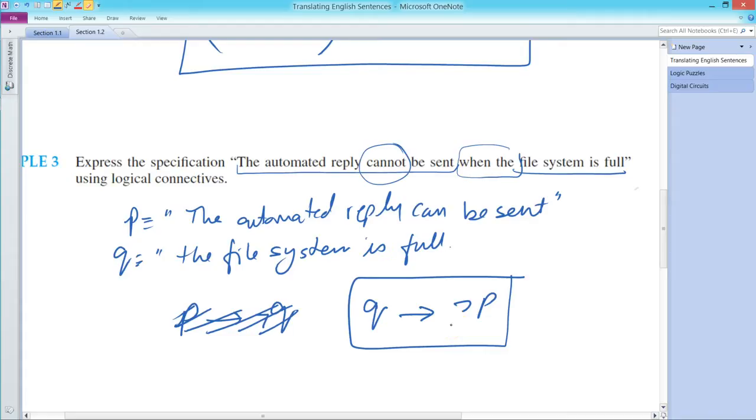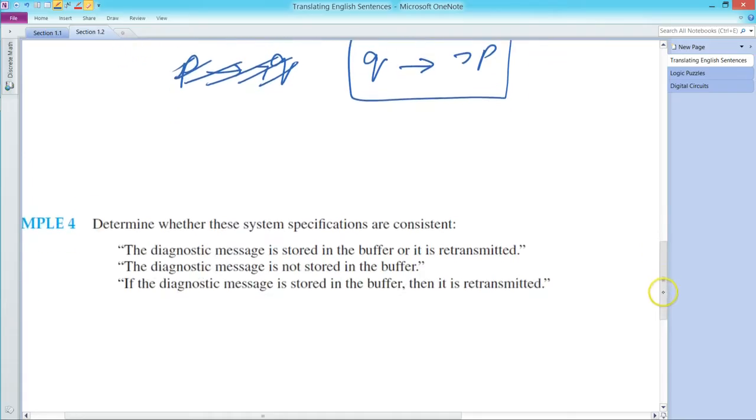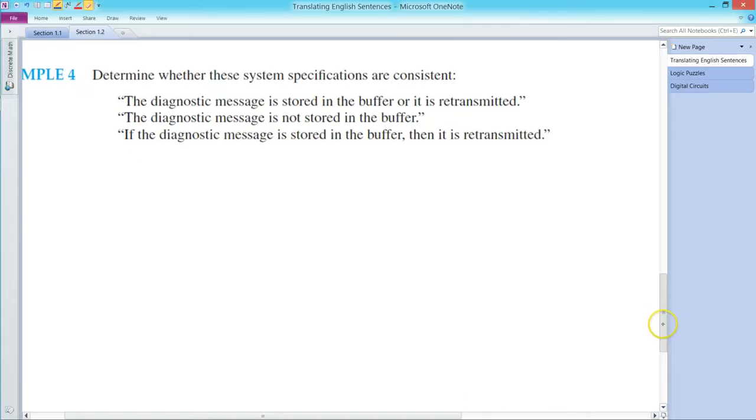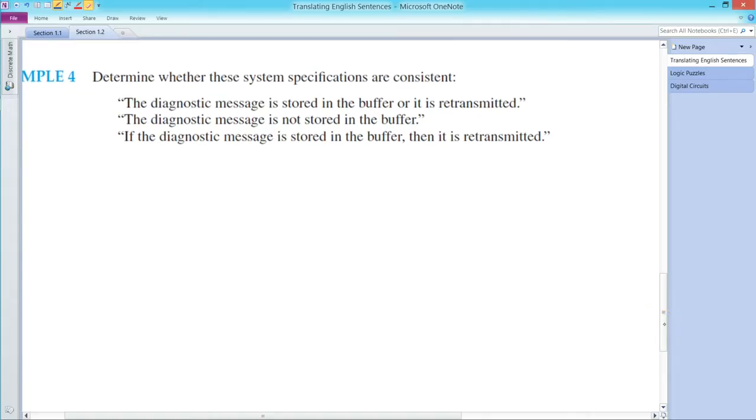Next we're going to look at a set of system requirements and see whether these system requirements are consistent or not. Consistency is basically a way to know whether all three requirements can be satisfied with some truth value for the different components.